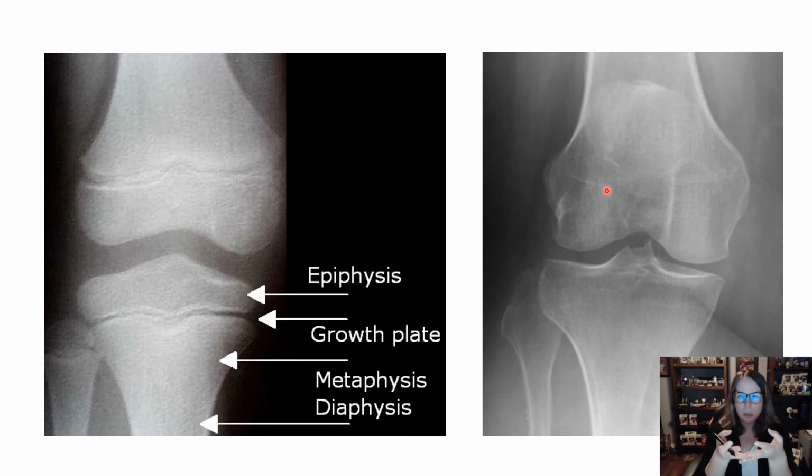Why is this important? Well, it's important for things like forensic anthropology. If we find bones and we have nothing else to go on, besides using amazing techniques to figure out height and age and even ethnicity and gender with just bones, we can x-ray them and see, oh, this person still has a growth plate and they have this much of it.